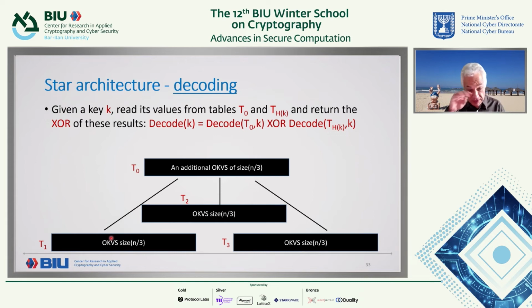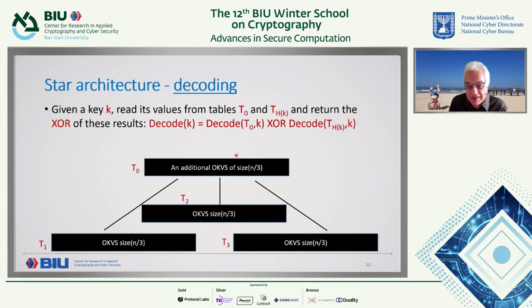We're going to decode from this table whatever it tells us about the key K. We're going to decode from T0 whatever T0 tells us about the key K. And we're going to XOR the 2, and this is the result. So basically, when we want to decode K, we go to the table on the bottom to which K is mapped, decode what it tells us about K, go to the top table, decode what it tells us about K, and we XOR the 2 results. So this is how we decode.